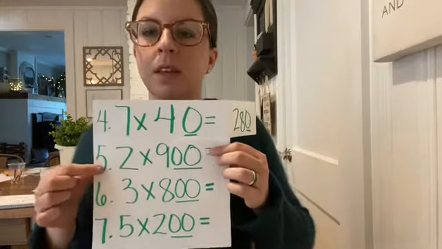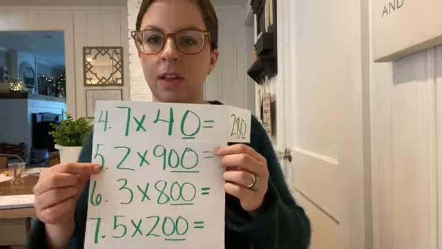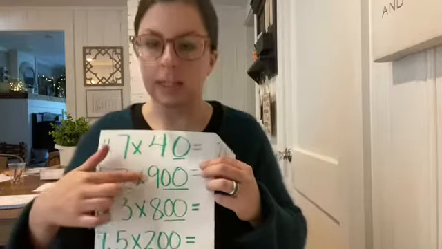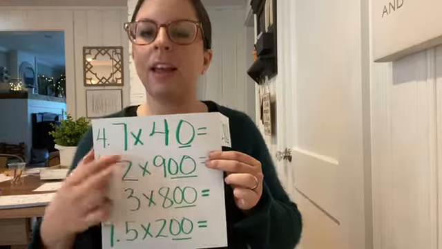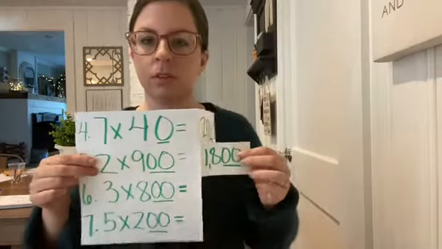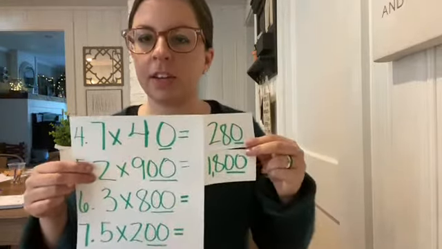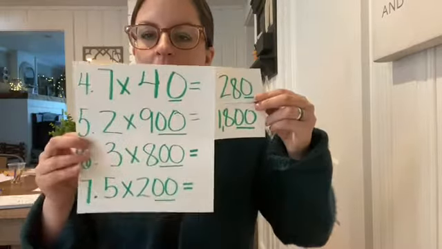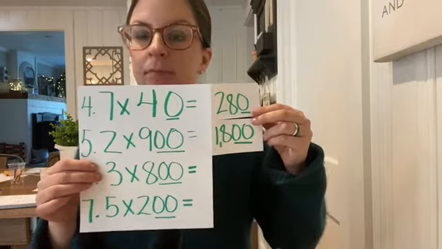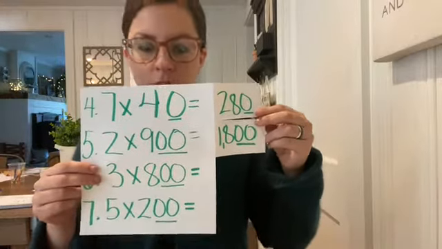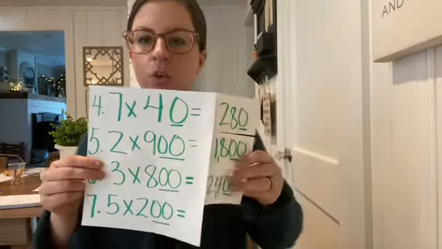Okay, number 5 is 2 times 900. Okay, what's 2 times 9? 18. 2 zeros, that makes it 1,800. Okay. Number 6, 3 times 800. What's 3 times 8? That's right, 24. So add 2 zeros, 2,400.